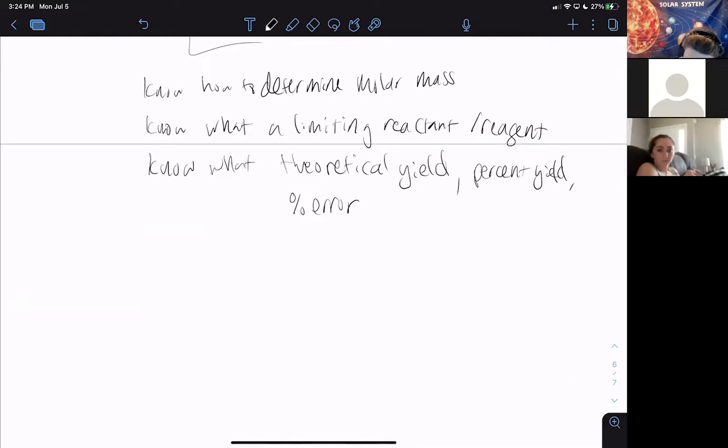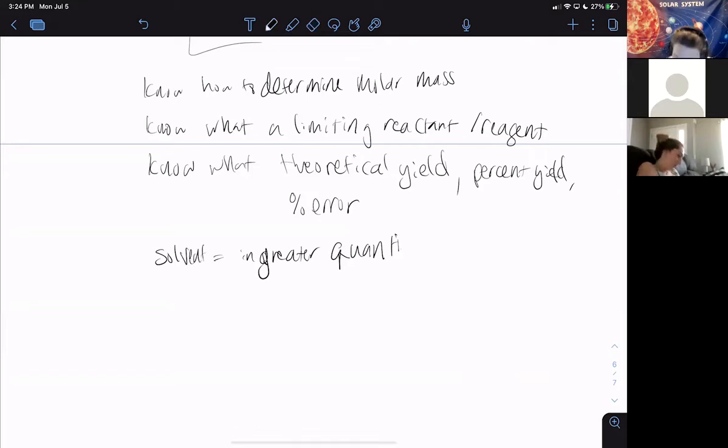Within Module 6, you should know what a solvent is. Sorry, I said solute, I meant to say solvent. Solvent is in greater quantities in a solution, and then the solute is in lesser quantities.